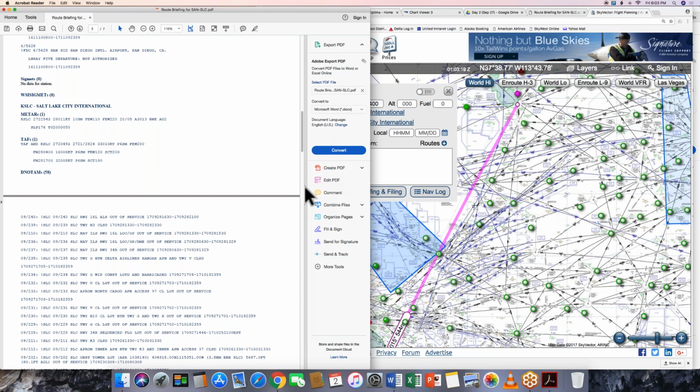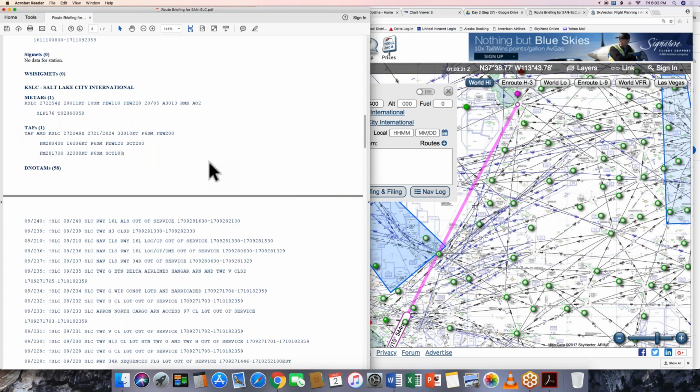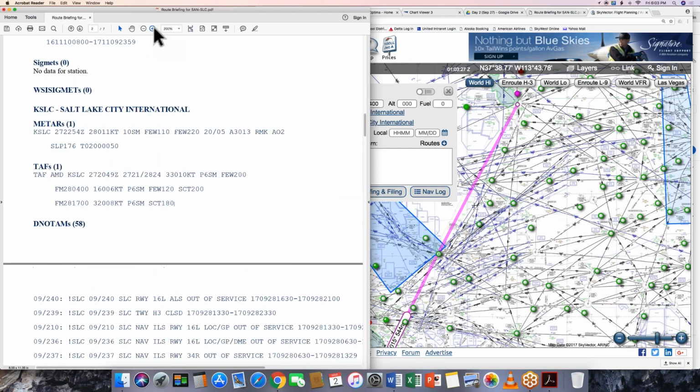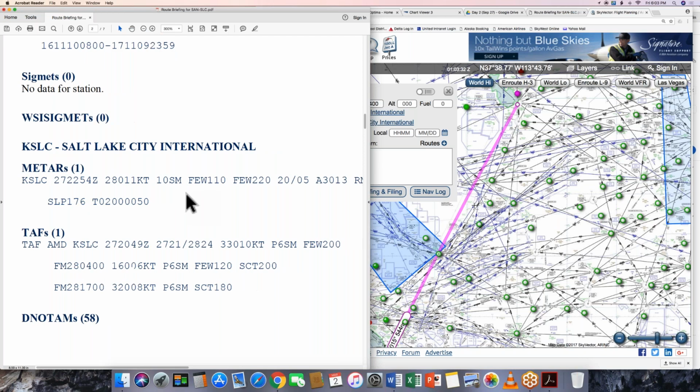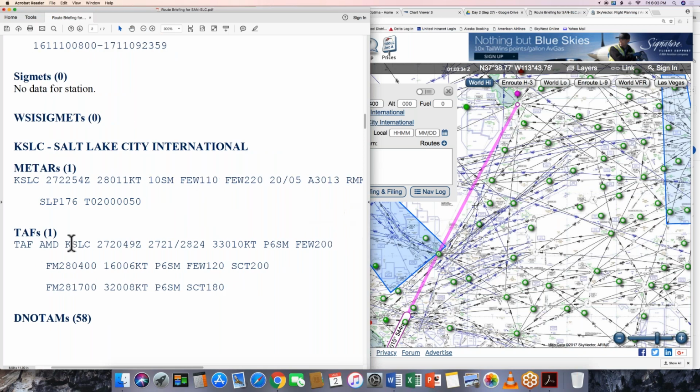Who wants to tell me if we are legal to go or not? Could you expand that just a little bit? So here's our TAF. 0135 is our ETA.